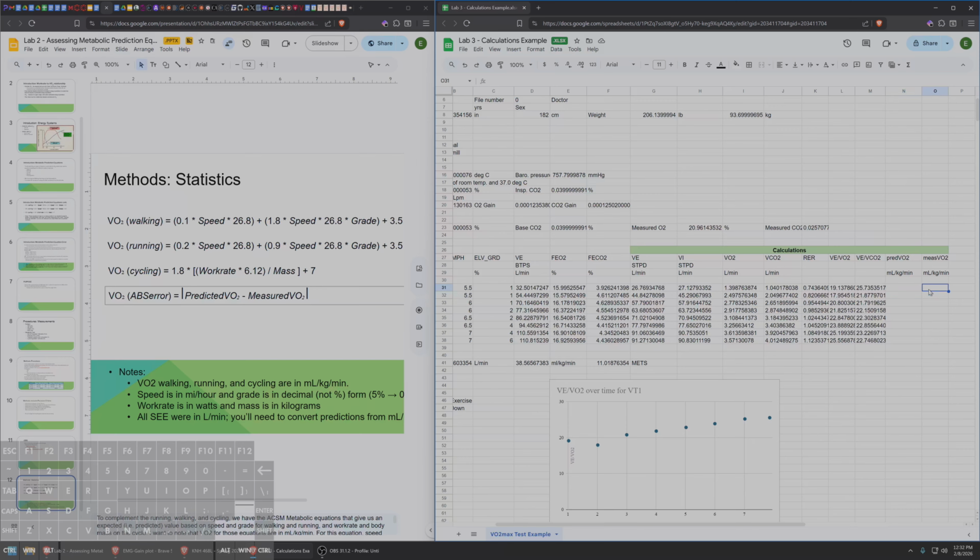So I'm actually going to do the measured VO2. This one's a little bit easier. So what we'll do is type equals 0.2 VO2. We're going to convert it from liters per minute to milliliters per kg per minute, so multiply by 1,000 to get it to milliliters, divided by body mass.